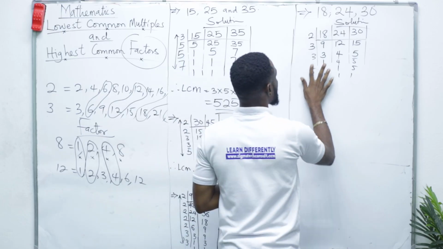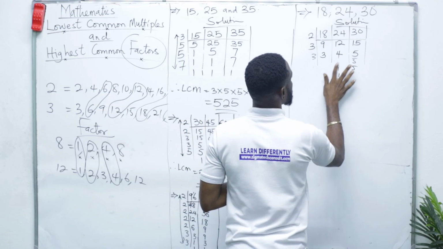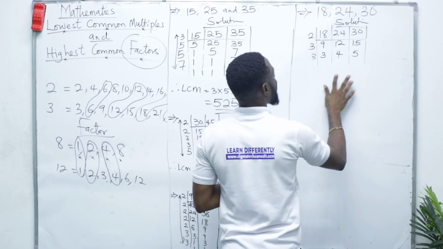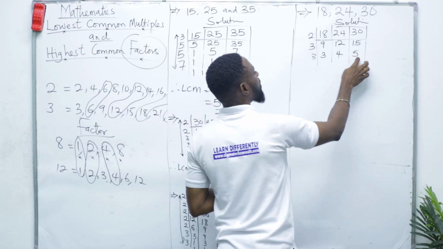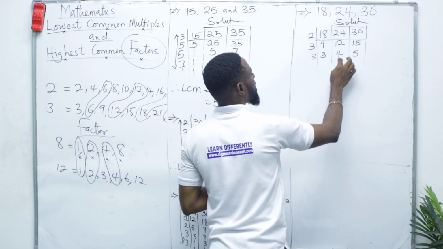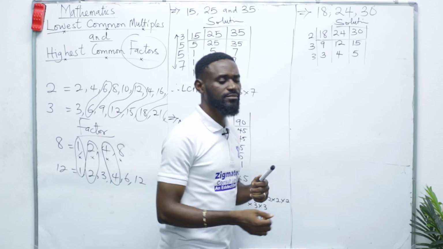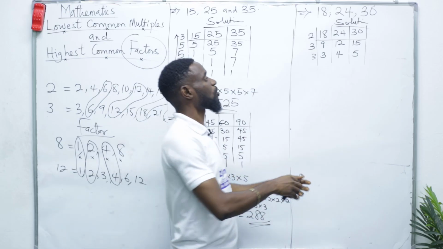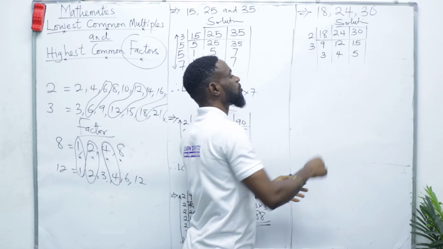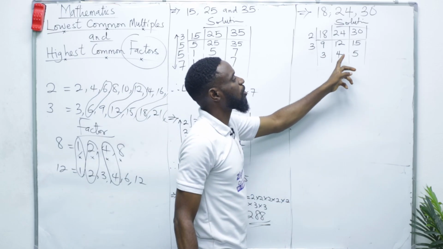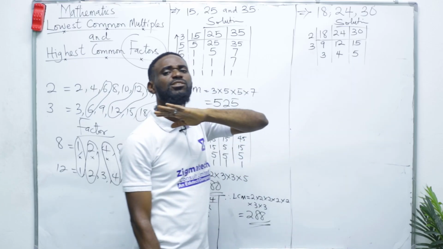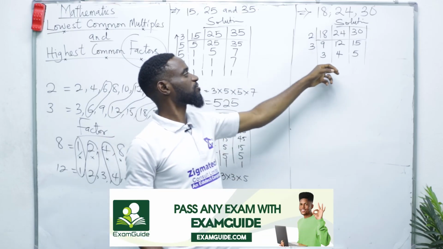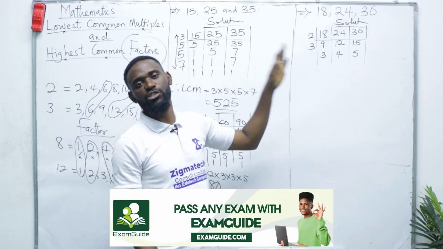So what we will do is, at this point, where none of the numbers we have here has a common factor. What I mean is that there is no common factor for 3, 4, and 5. Because there is nothing common about them, we have ended our journey for this particular calculation there.